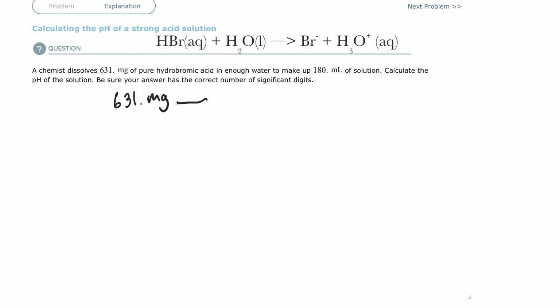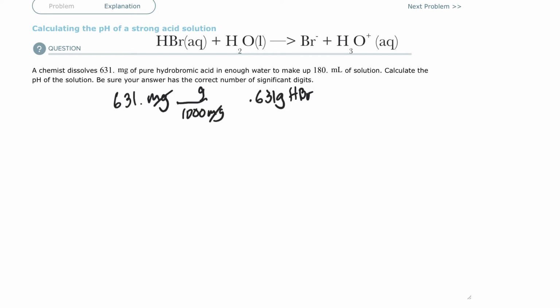So I know that there are 1,000 milligrams in a gram. Milligrams cancel. That means it's going to be 0.631 grams of HBr.